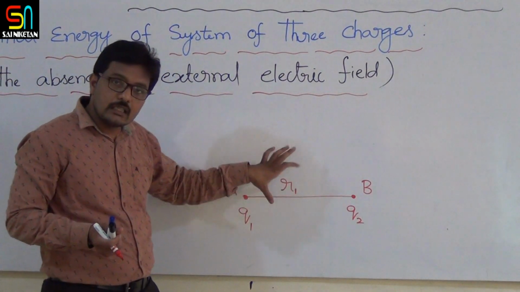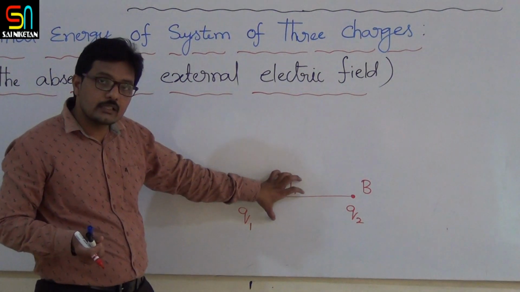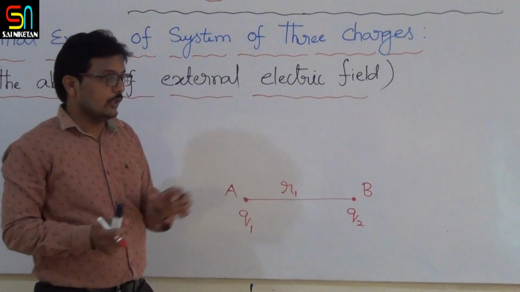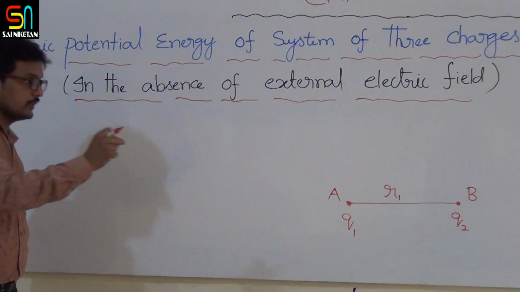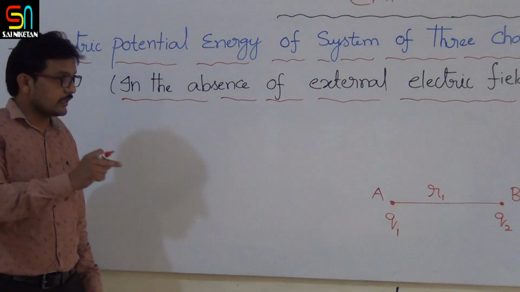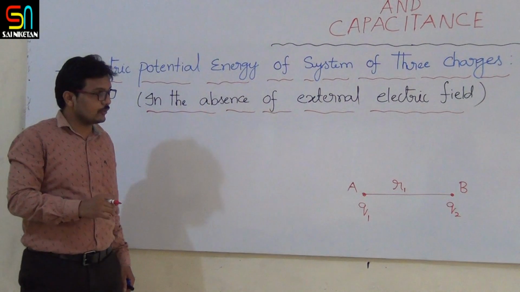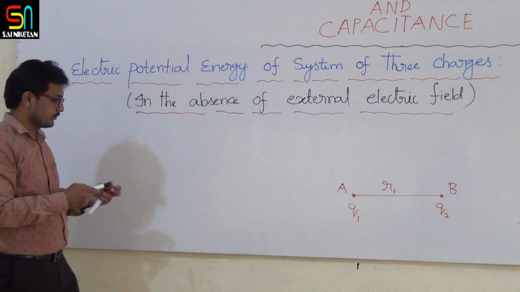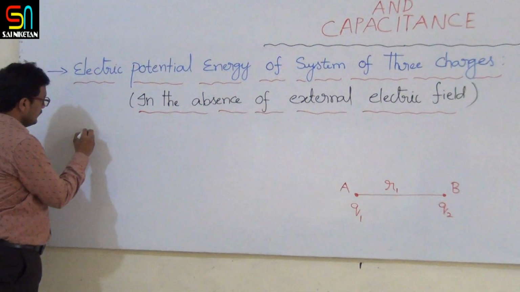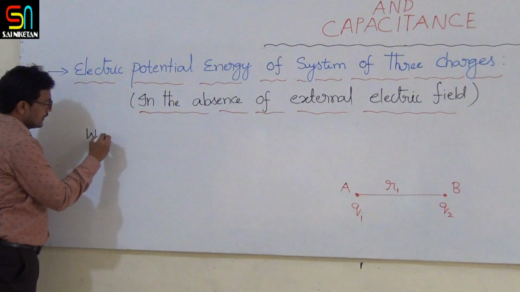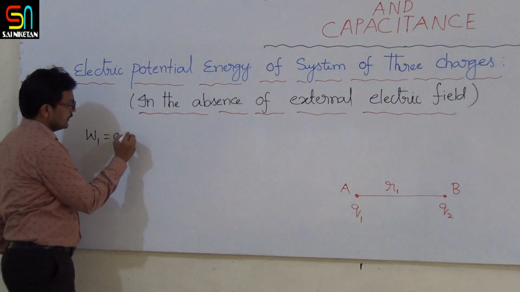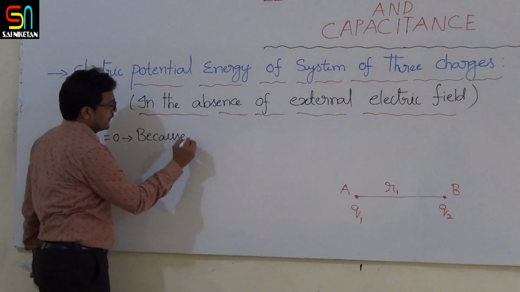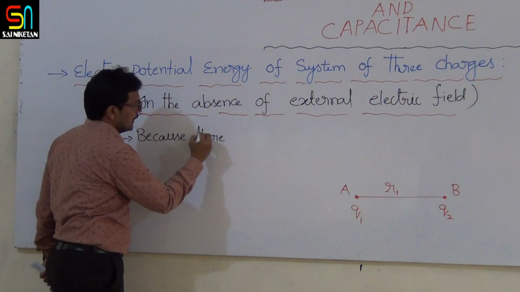If any external electric field is there, to bring the charge into that field we need to do work against the field. The amount of work required to bring the charge Q2 to that point B is W2. Here the work done W1 is equal to 0, because there is no external electric field.